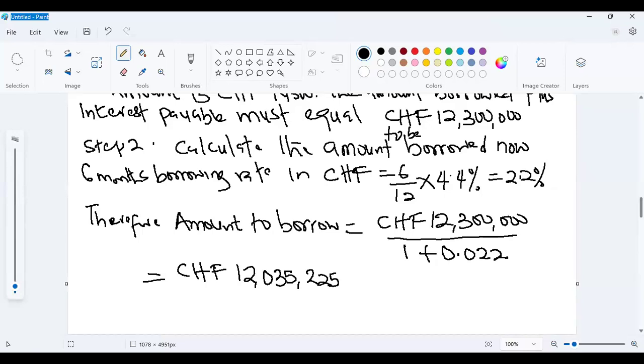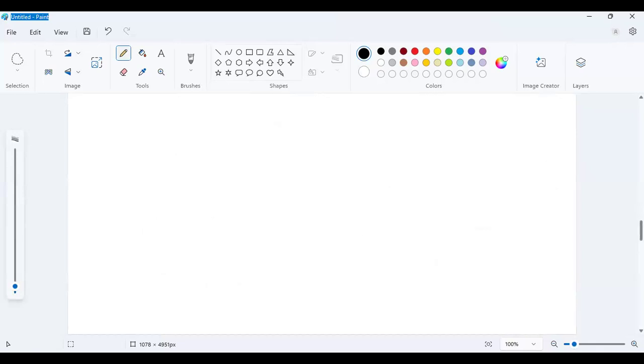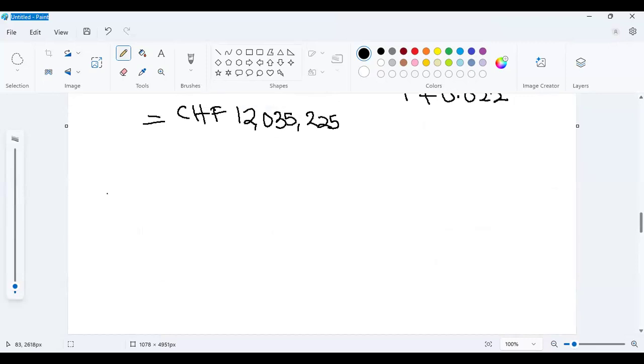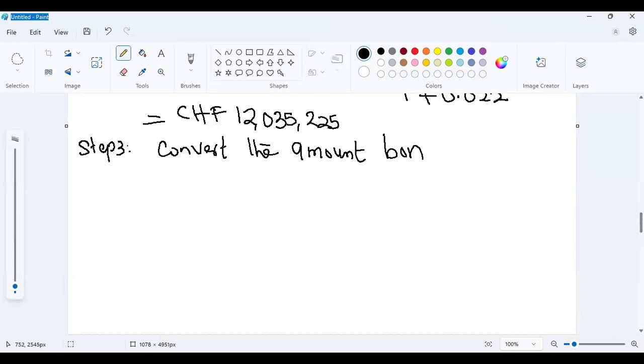You now move to your step 3. Convert the amount borrowed to your domestic currency.